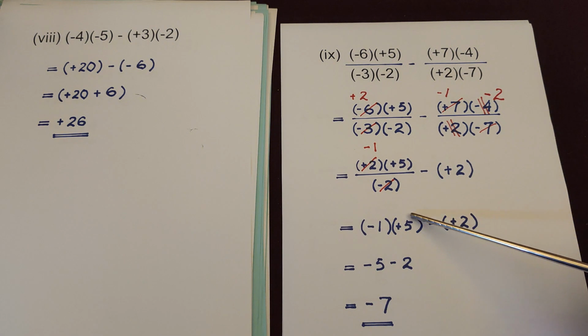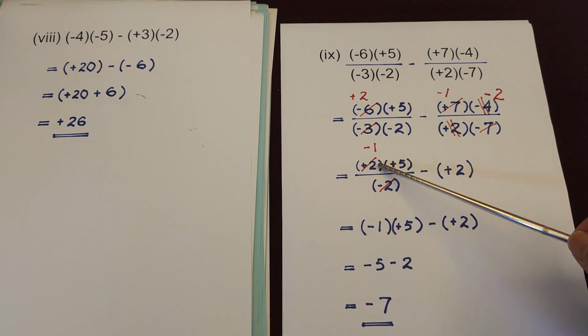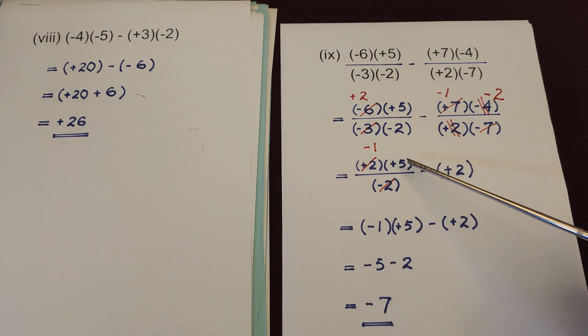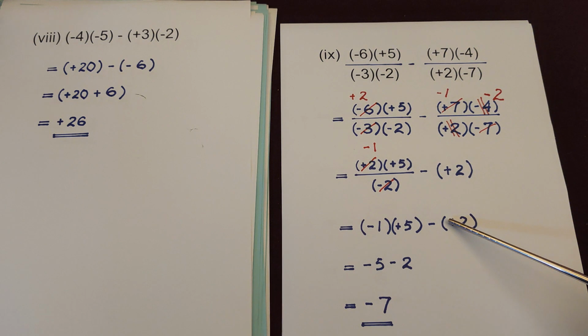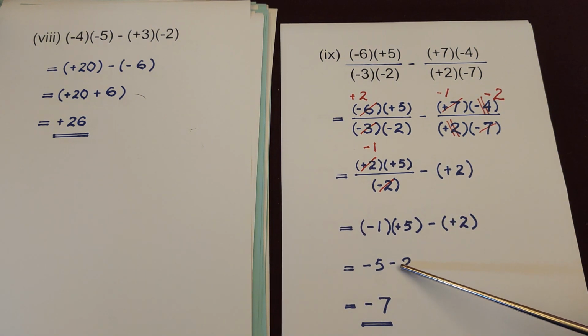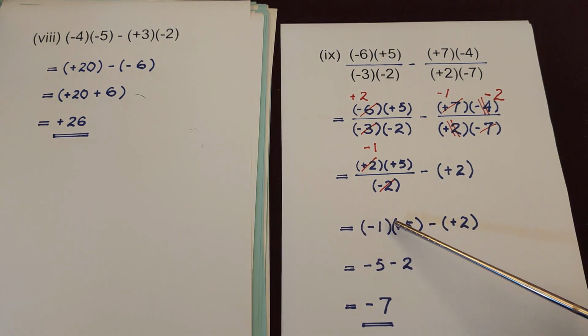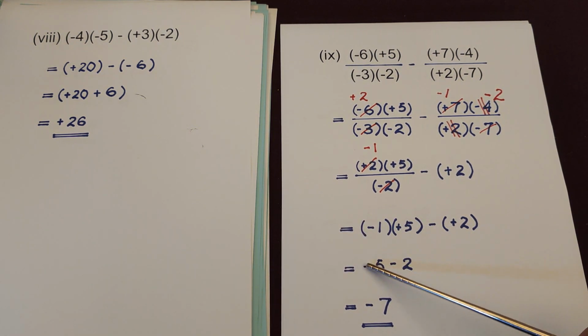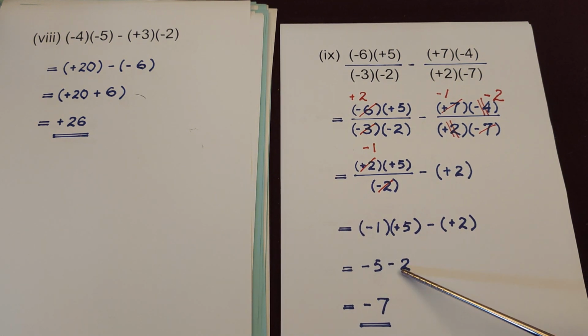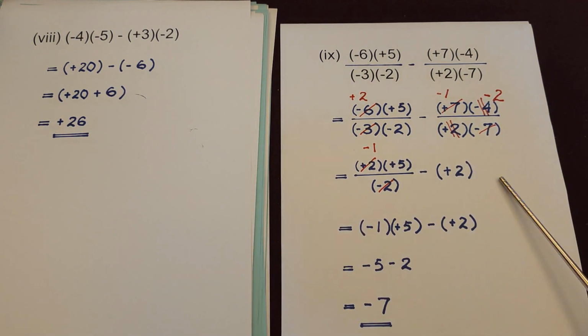So the final answer is a negative 1 and a positive 5 minus positive 2. And these two signs differ, so we have a negative sign here, and it becomes, these two signs are different, so we also have here this sign is negative. So we have minus 5 and minus 2, and it becomes minus 7.